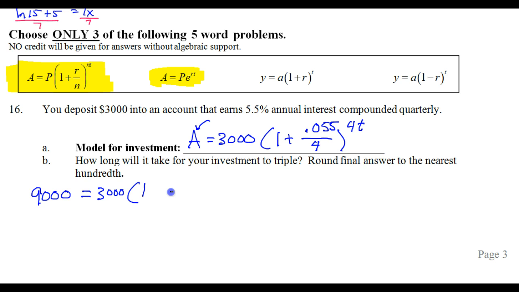Okay, and I've got my 1 plus. You know what? I think I'm going to have to change this into a decimal. It's just going to be too awkward to work with without making it into a decimal. But as I do this, if need be, I'm going to make sure to have 4 decimal places. I don't know how many decimals I'm going to get yet. So let's see, 1 plus 0.055 over 4.